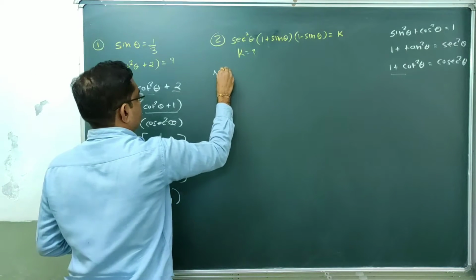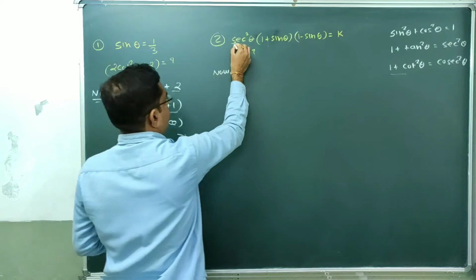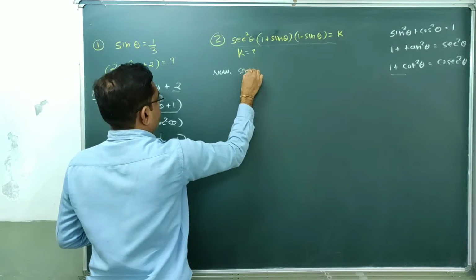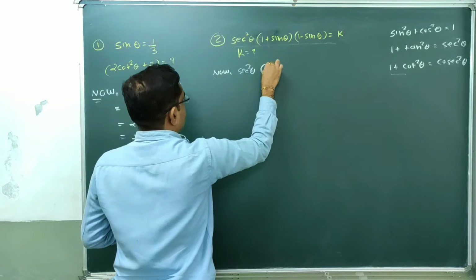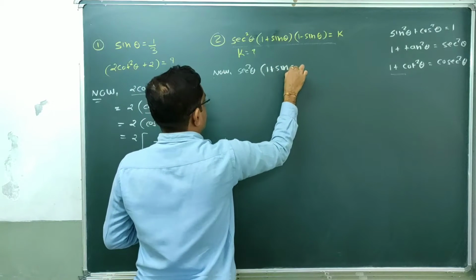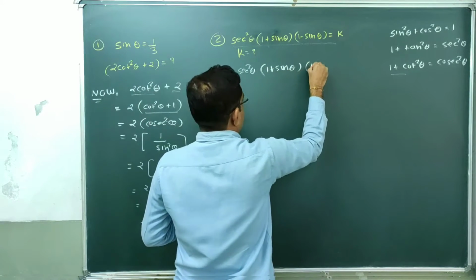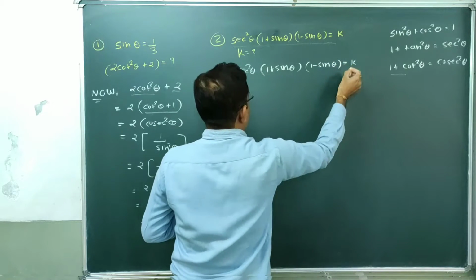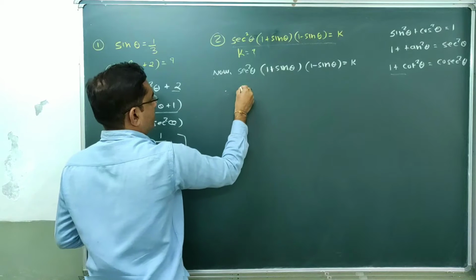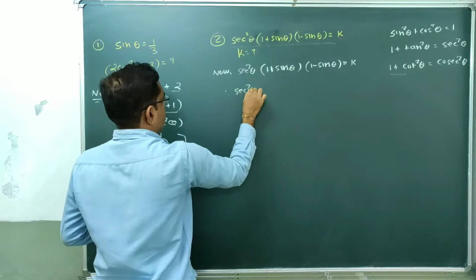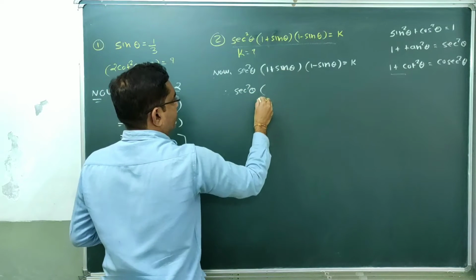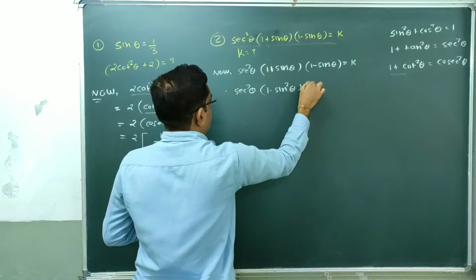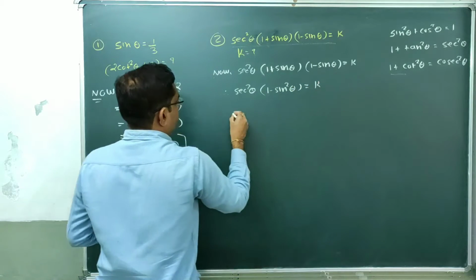So the given expression is sec square theta into 1 plus sin theta into 1 minus sin theta equal to k. Therefore this is sec square theta into 1 minus sin square theta equal to k.